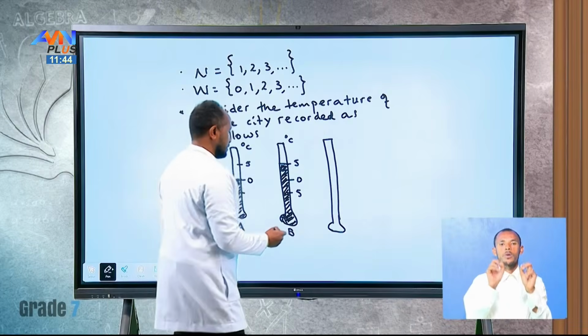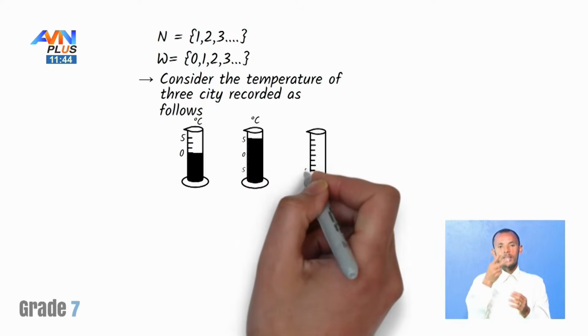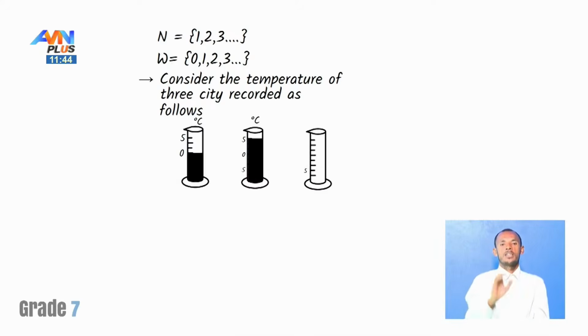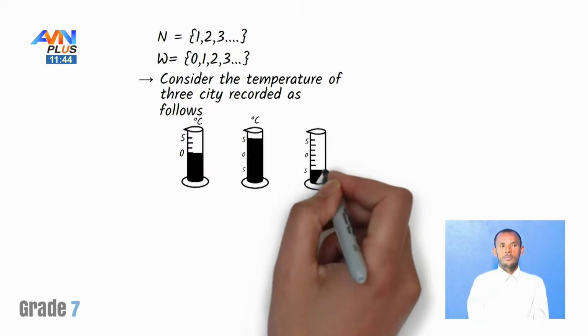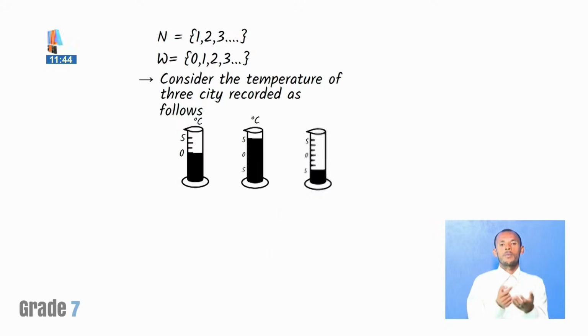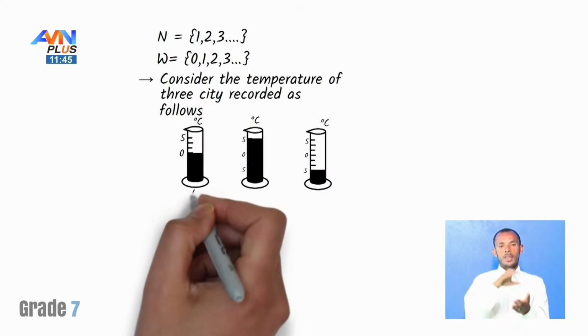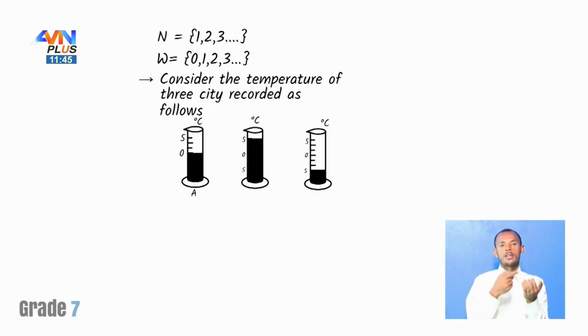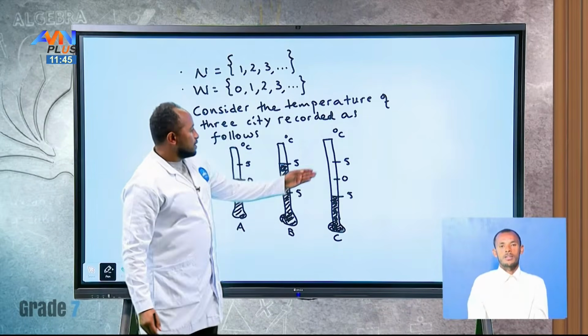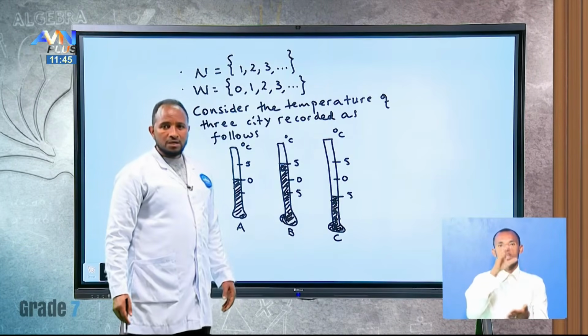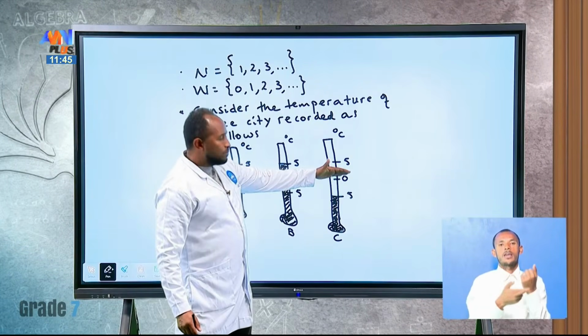Okay, and let's see the temperature of city C. This temperature is recorded as indicated here. Now, as you can see from this reading, the temperature of city C is recorded below 0.